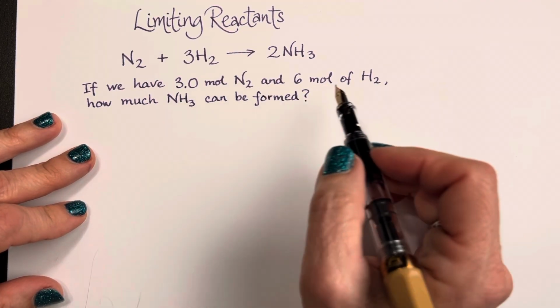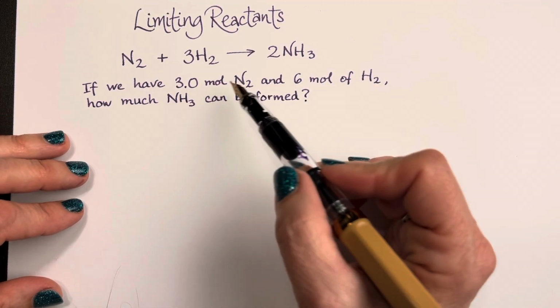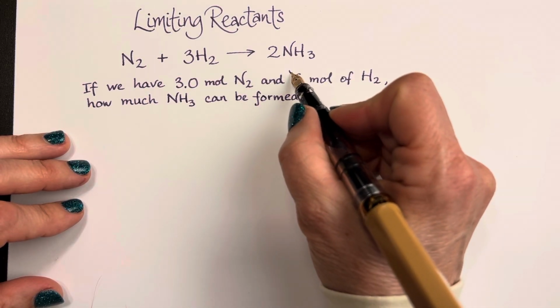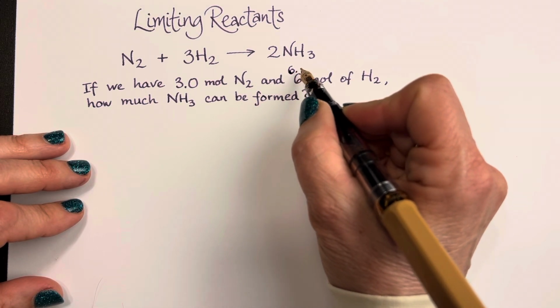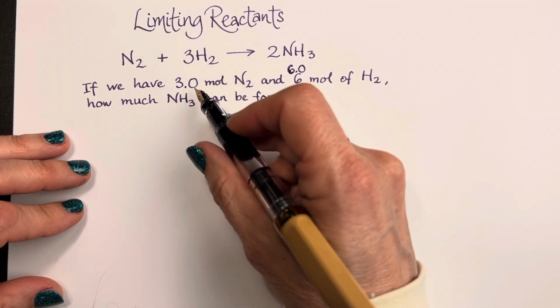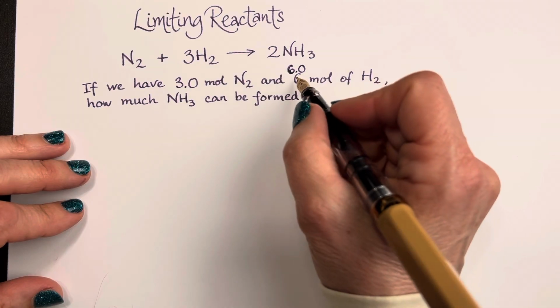So here we would assume that whichever one is limiting, oh, I'm sorry, there's significant figures here. This should be 6.0. Okay, so it's 3.0 moles and 6.0 moles.